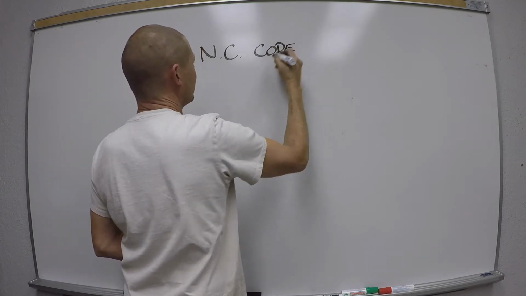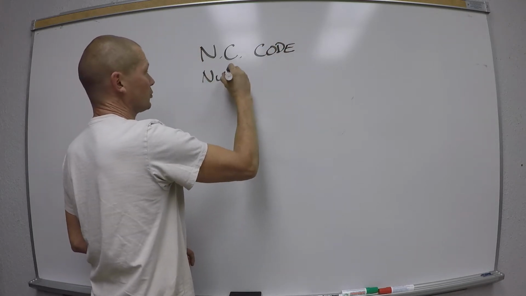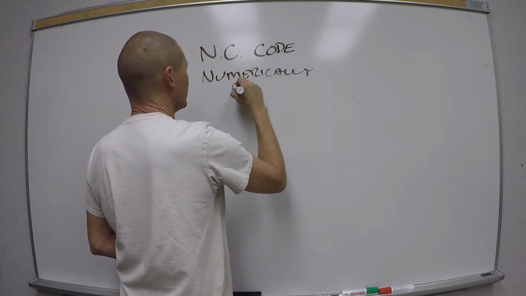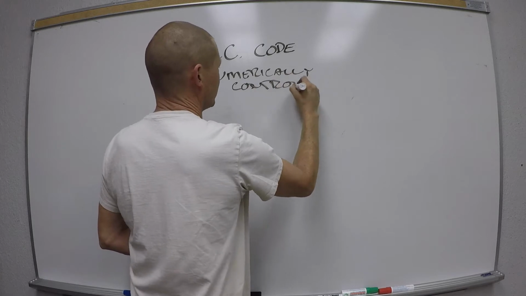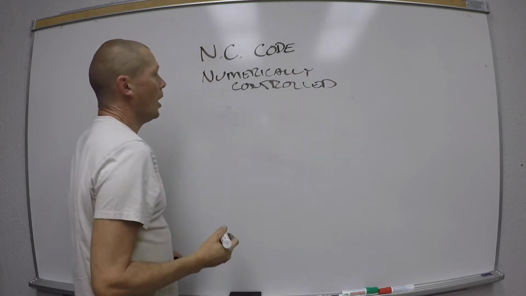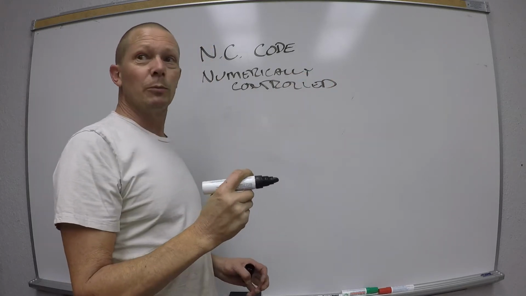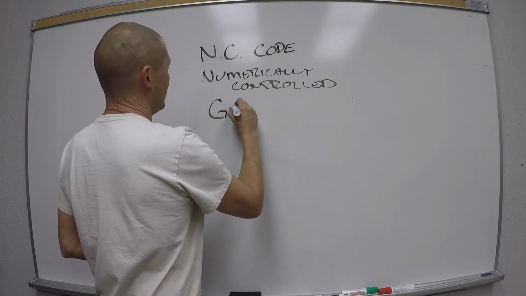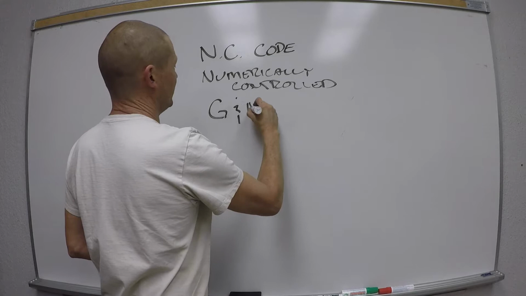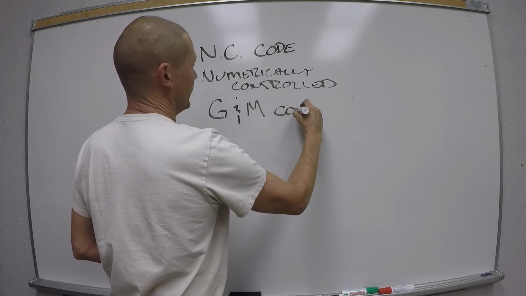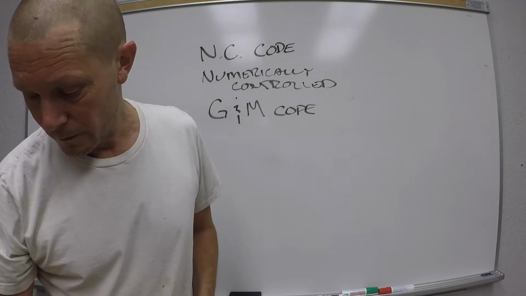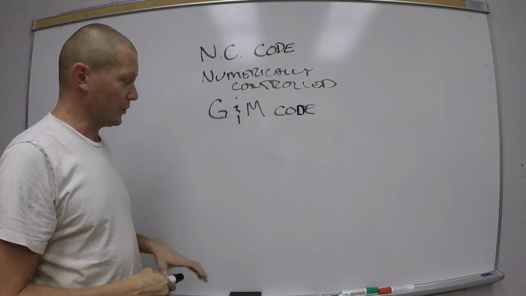What that stands for is numerically controlled, all right? Or you can be a little bit more specific, and it is what's known as G and M code, okay? We'll talk about that in a moment.